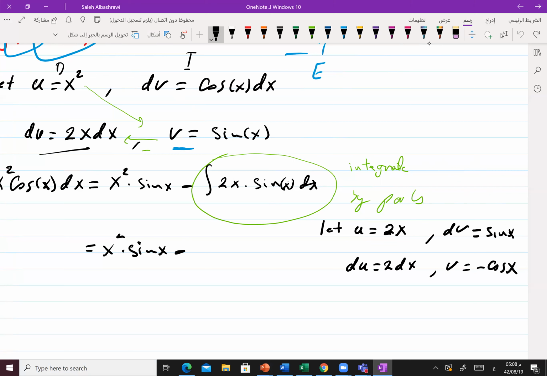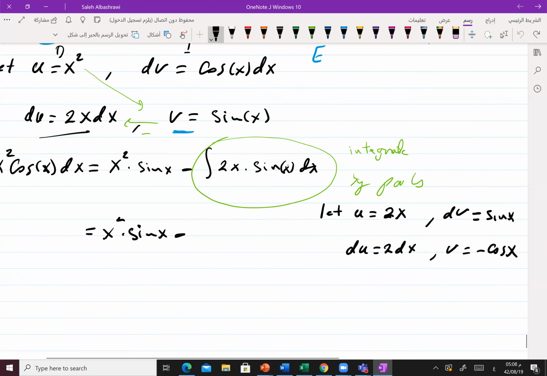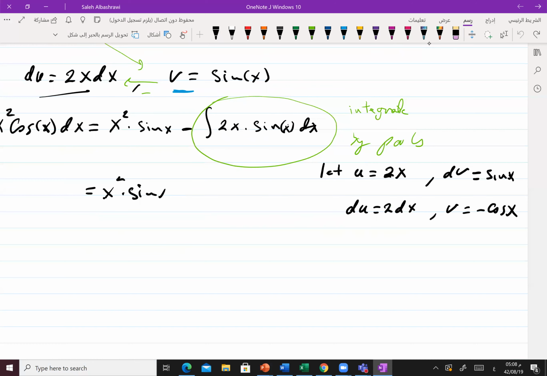So again, we are applying integration by parts for the second time, for the second part of the right expression. My integration now will be x squared multiplied by sine x minus, open bracket, u multiplied by v. Let me call it u2 and v2, just to make it clear.